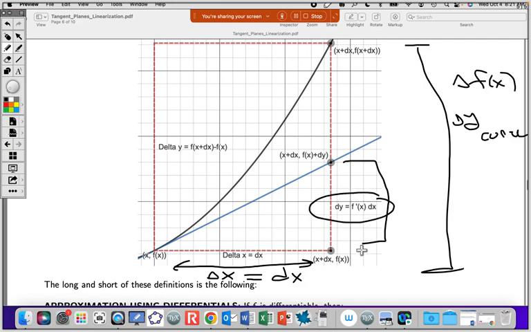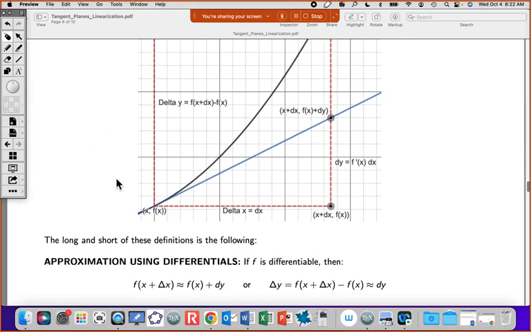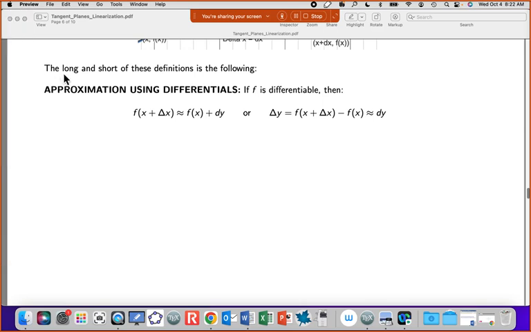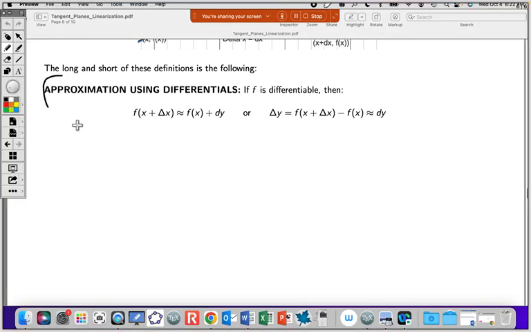And then this is your differential, f prime of x dx. That's your change on the tangent line. And as your delta x goes to 0, we can see that the change here gets smaller and smaller, and so it does a better and better job of approximating. So this is what this was all about from Calc 1.